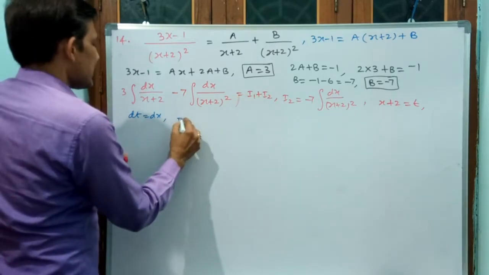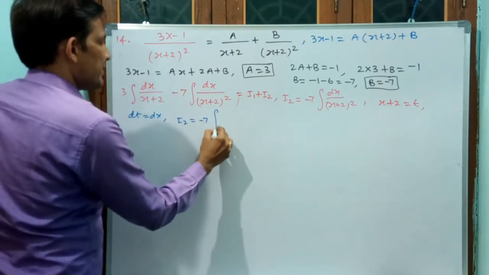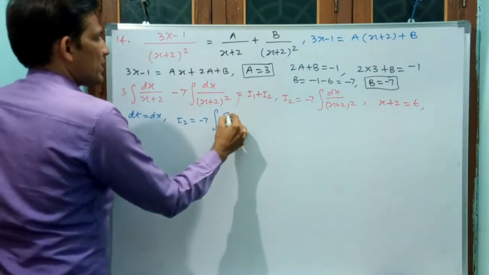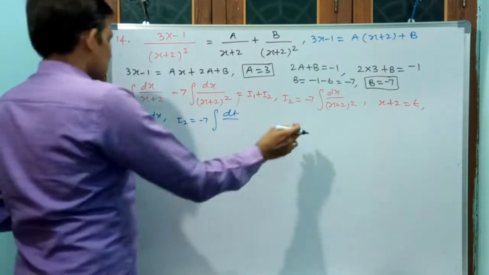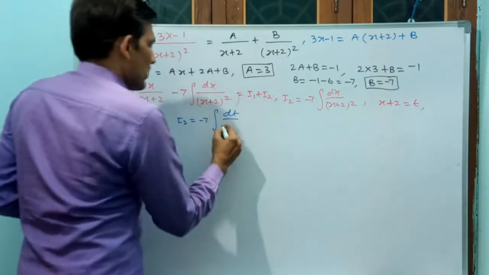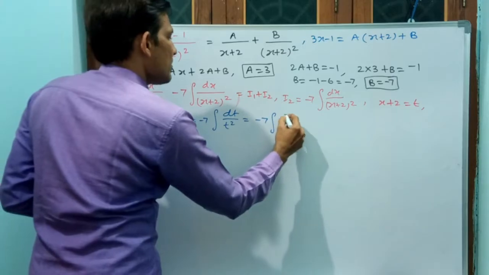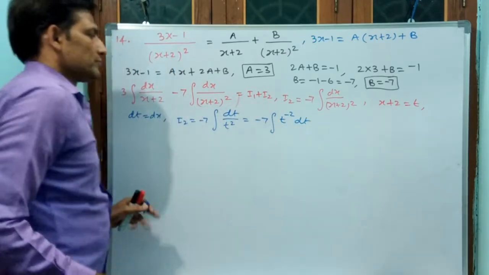Then I2 you again rewrite. I2 is equal to minus 7 integral dx is dt, and x plus 2 is t, so t square you have to write. That is equal to minus 7 integral t power minus 2 dt.